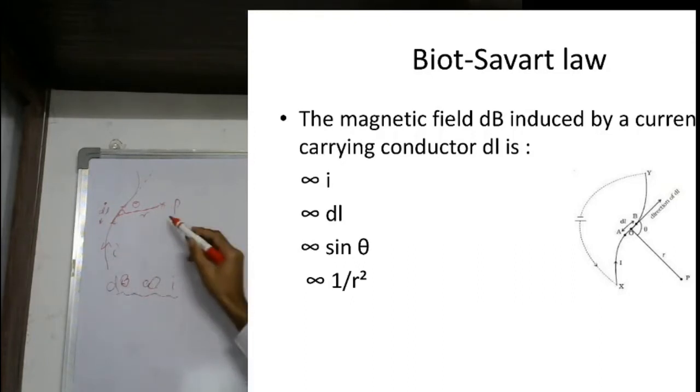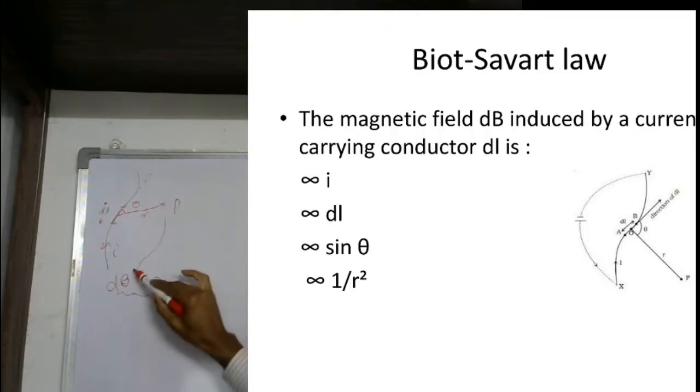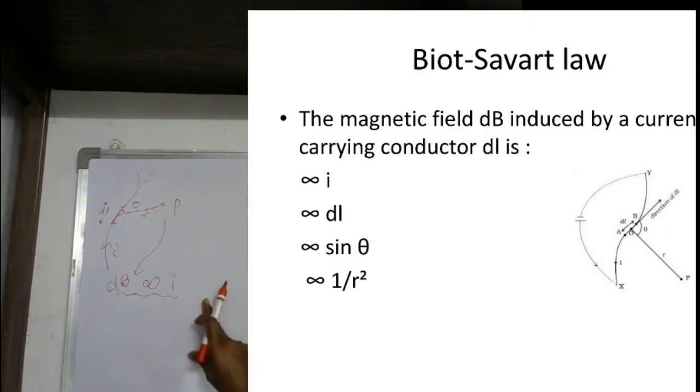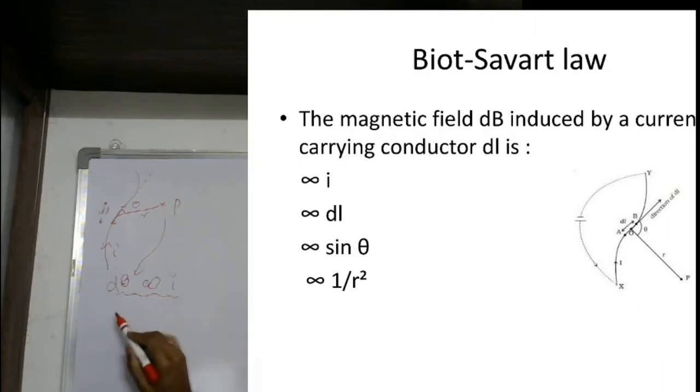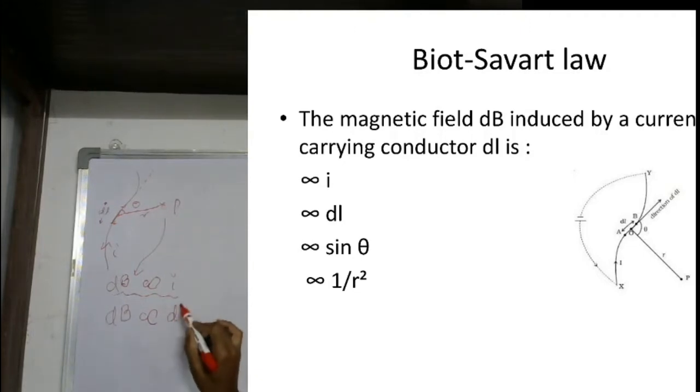Now, the magnetic field induced by this small element dl at a point P is dB. Here you have dB, the magnetic field. That magnetic field is proportional to I. Furthermore, what people discovered is this dB also depends on the length of the infinitesimal element.